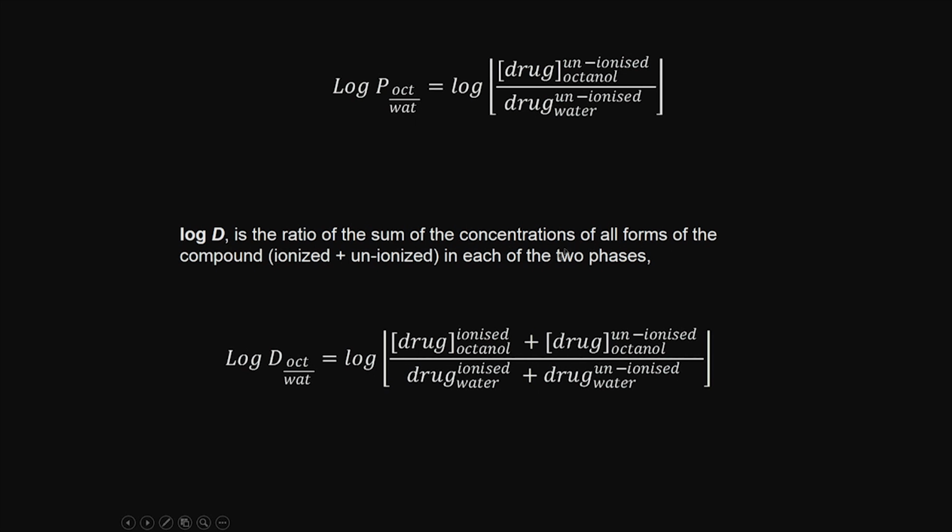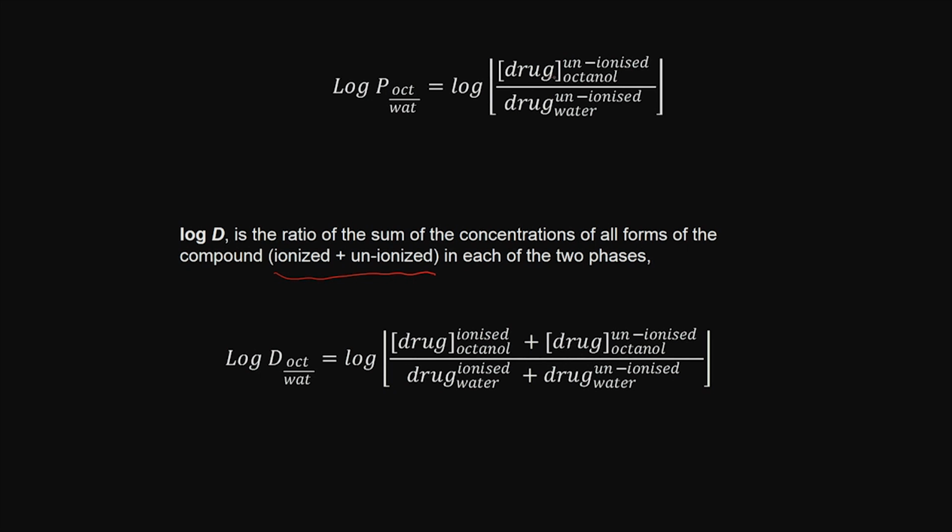It considers the concentration in all forms, compounds in ionized form and compounds in unionized form. Suppose you have an organic solvent, you might have very little or practically zero ionized form, whereas in aqueous polar media, salts will get ionized.